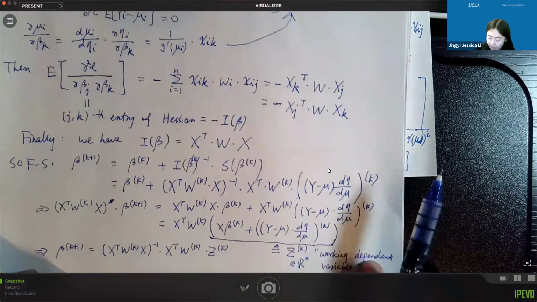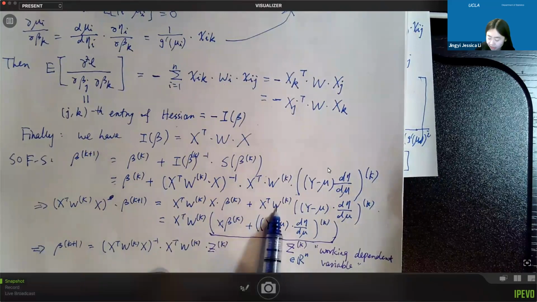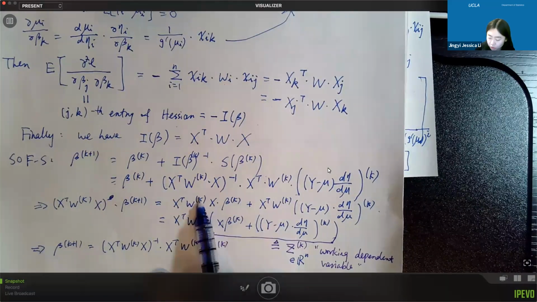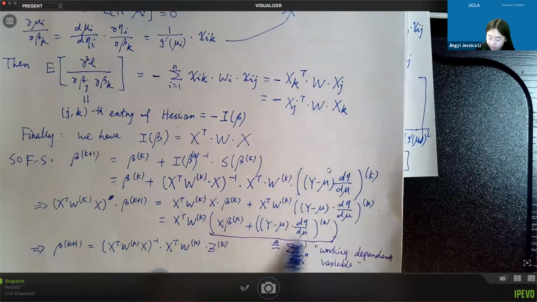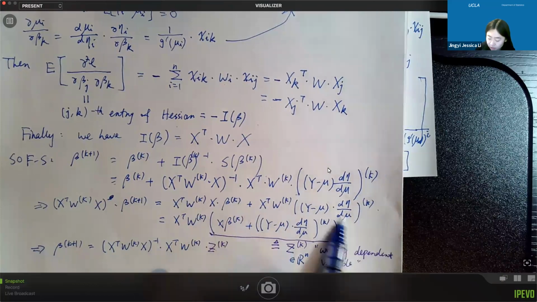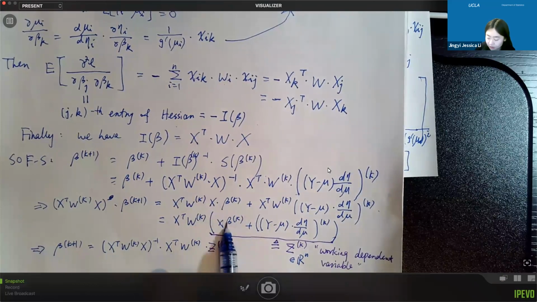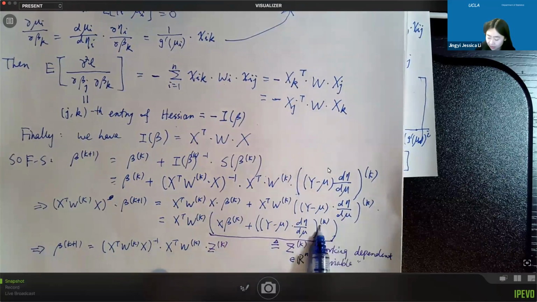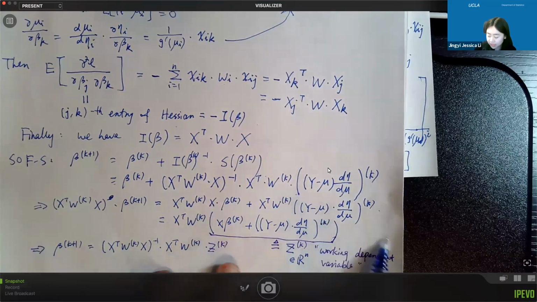Now you see I have X transpose W_k in both terms, so I can combine them. So I just have X transpose W_k times X beta_k plus this vector in the k-th iteration. So this is the key thing.